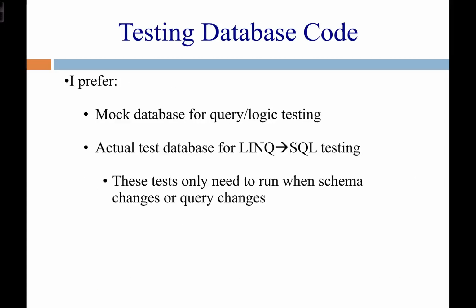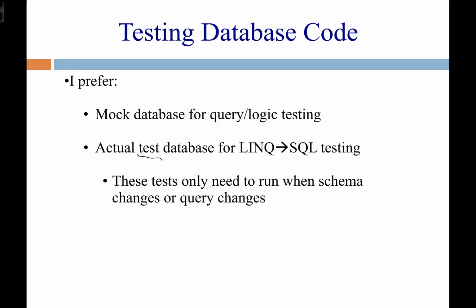So what I recommend for the full testing solution is use a mock database for all of the query and logic testing in the database controllers, in the MVC controllers. And then you should actually use a test database, so a real MySQL database, not the live one, but a test one, for the purposes of testing things like making sure that referential integrity is all set up correctly and making sure that the LINQ SQL translation is working correctly.